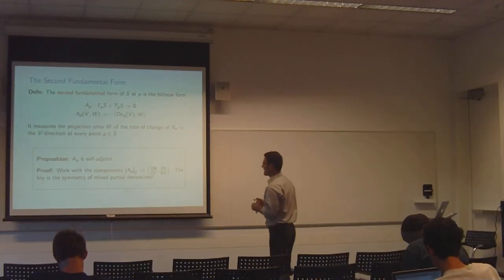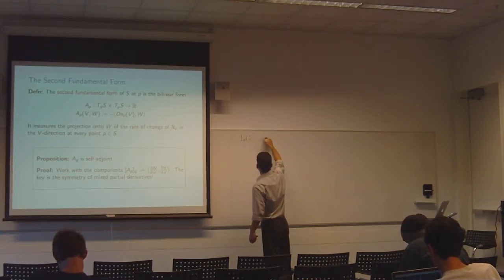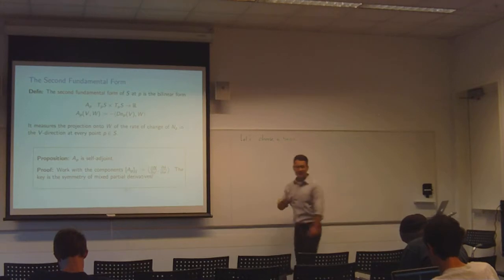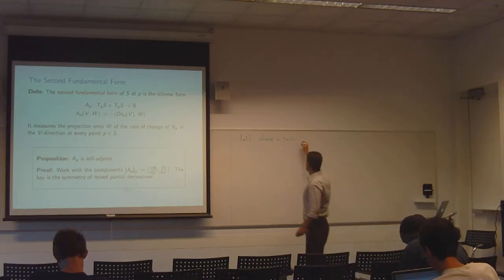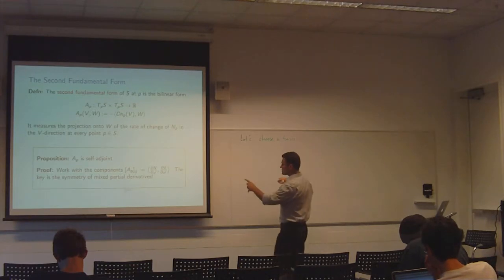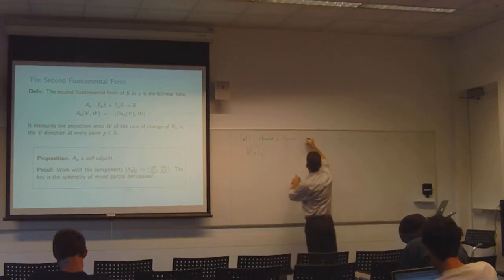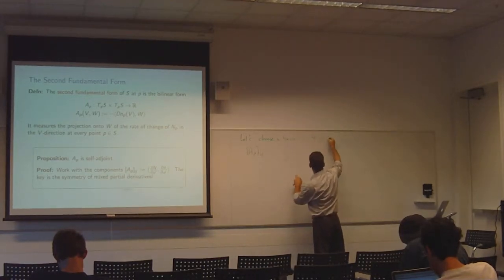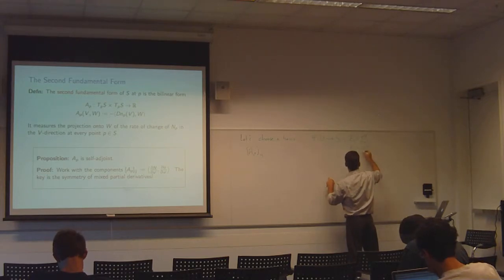Okay, how do we do that? Well, let's choose a basis. Now that we have defined the thing independently of basis, we're allowed to choose any basis we want to do our calculations in. So we have a function of u into S, and we have E1 equals dφ/du1, and E2 equals dφ/du2.